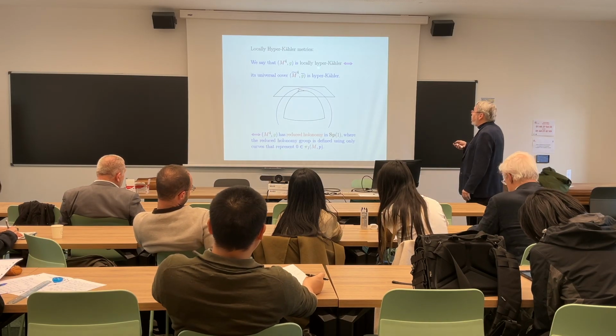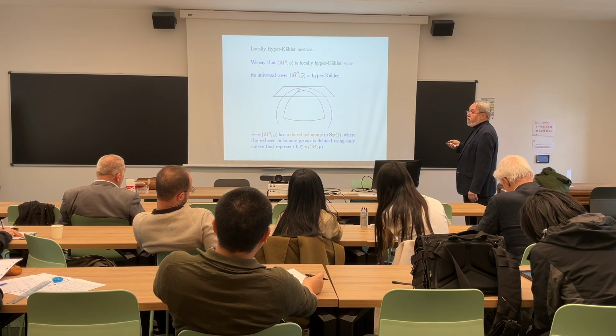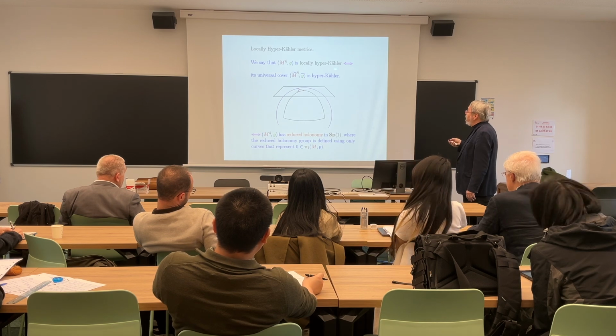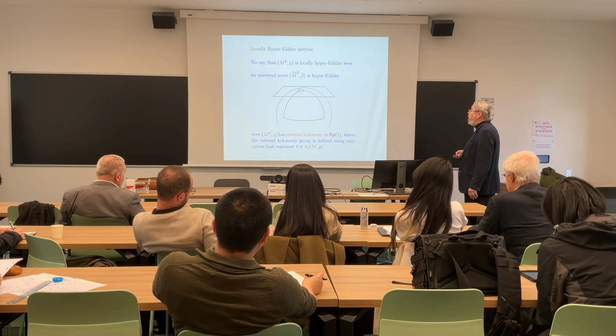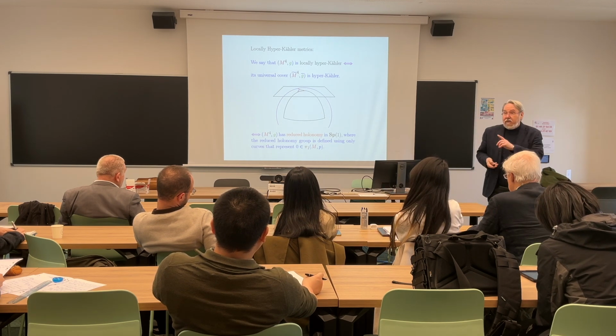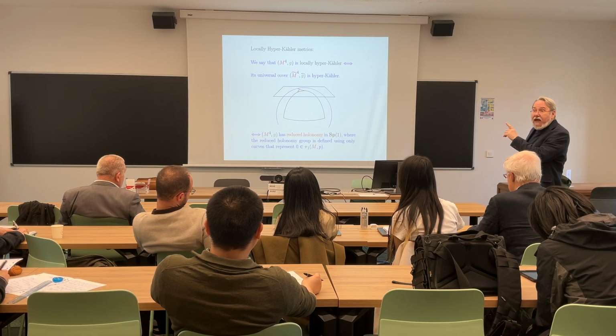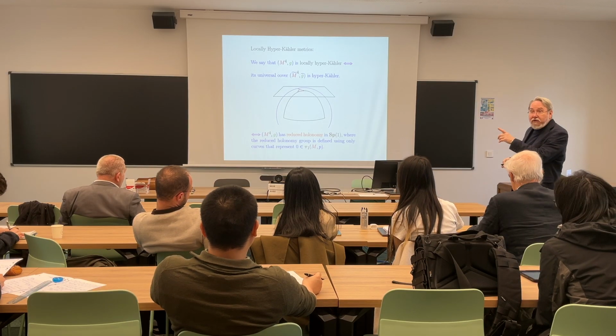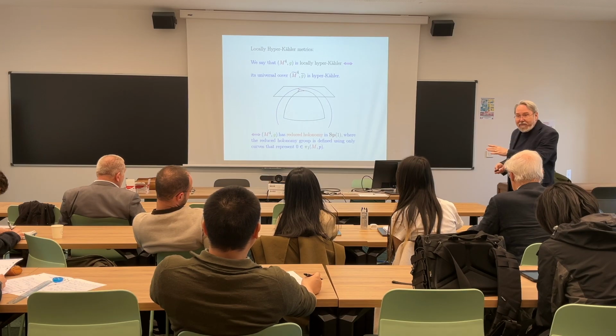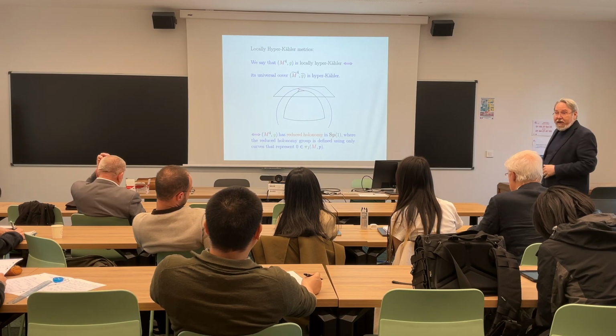But locally hyperkähler will turn out to mean that it's also locally Ricci flat Kähler. Warning though, locally hyperkähler does not mean that you can find a complex structure on the manifold. There are examples which are not actually complex.